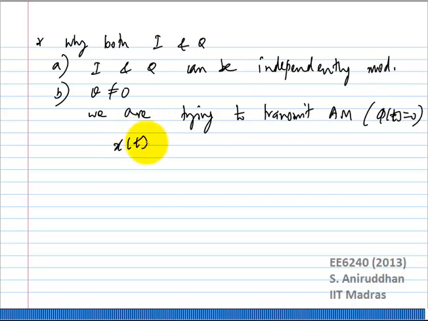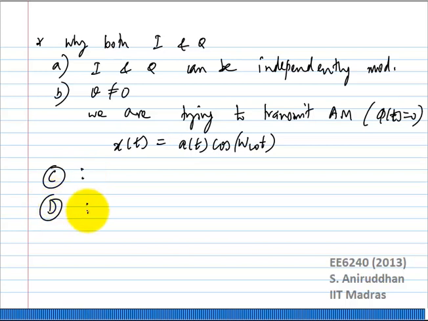So the received signal x of t is A of t cos omega LO t. This is the signal you are receiving. This is the signal you actually want to receive and retrieve. So now let us again write the signals at C and D when theta is not 0.